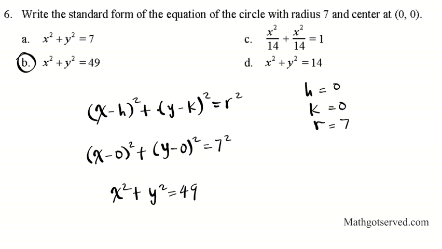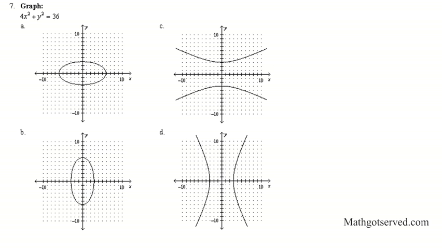All right, moving right along. Question 7, we're going to graph this equation. I can use the trick I showed you earlier because you notice the coefficients are different. Okay, so we have 4x squared plus y squared equals 36. I want to make it equal to 1, so what I'll do is I'll divide everything by 36. So that yields 4 goes into itself once and goes into 36 9 times.